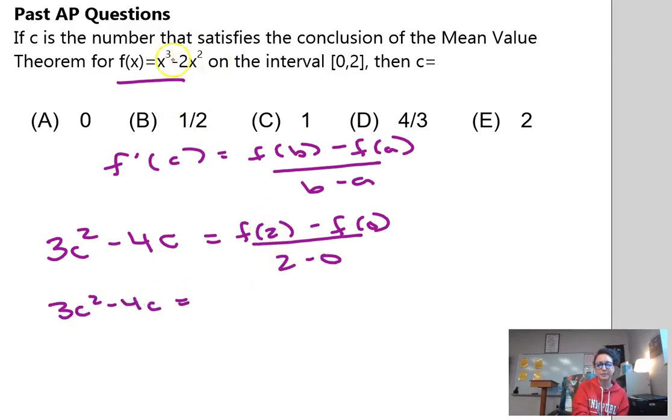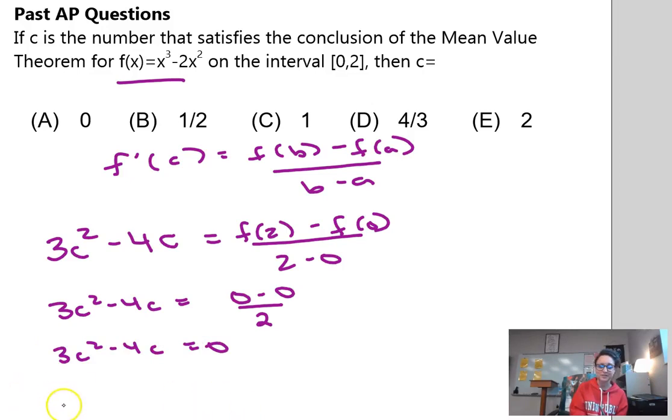f of 2, if I plug that in, I'm going to get 2 cubed, which is 8, and then I'm going to get minus 2 times 4. So it looks like I'm getting 8 minus 8, which is 0, right, for f of 2. Now if I plug 0 in, once again I'm getting 0, right, all over 2. But 0 over 2 is what? Is 0. So I'm getting that.